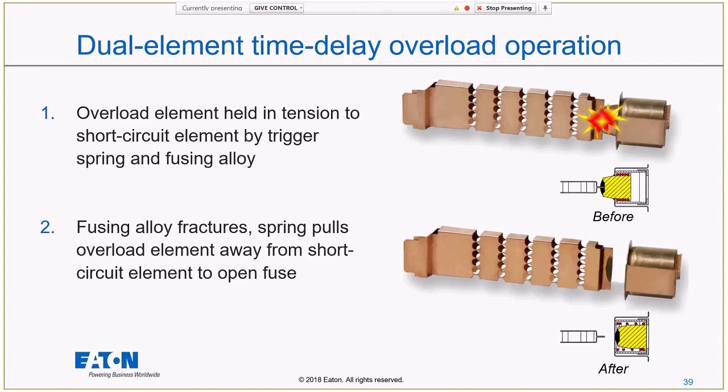It'll melt and fracture away from that short circuit element. So that spring, just holding it in tension there, will pull it back, fracture that element totally off. And that's how my overload will be cleared. So I actually do have a moving part in this dual element time delay fuse on an overload. So not on the fault current, but I have a moving part on overload protection in this fuse.